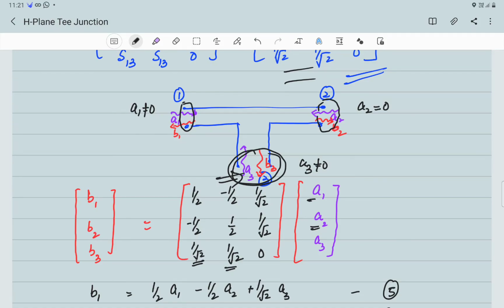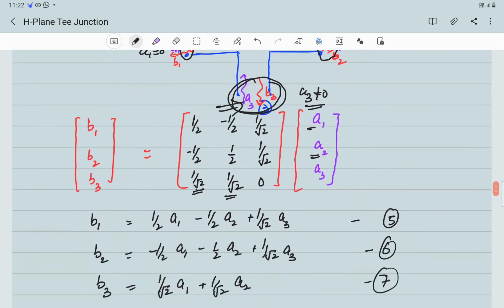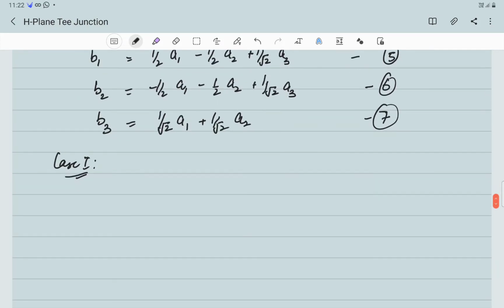So A1 has to be 0, A2 has to be 0 and A3 is not equal to 0. This is our case number 1.